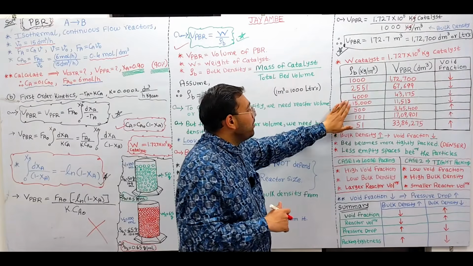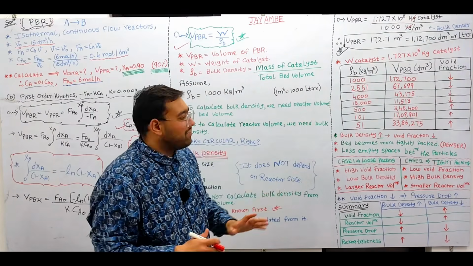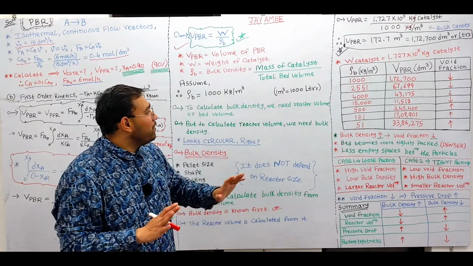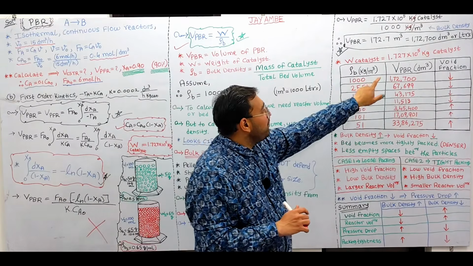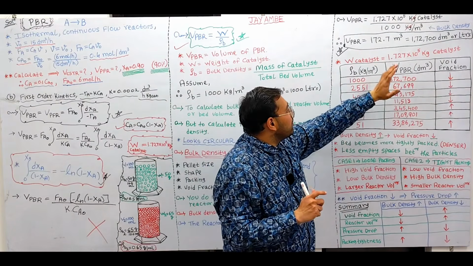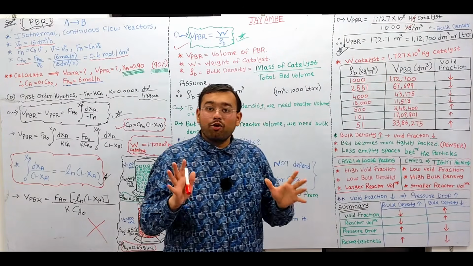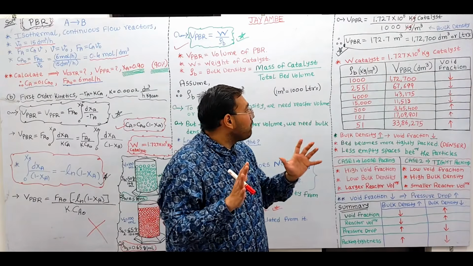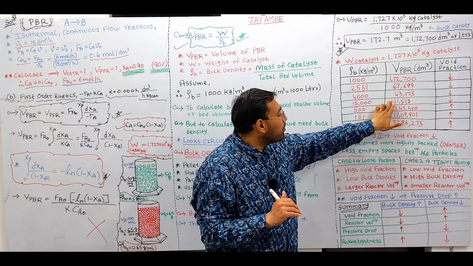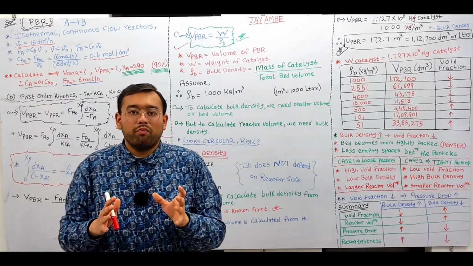I hope up to here you understood, right? This is way beyond expectation, because a bulk density of 15,000 is too much. For this huge weight of catalyst, 1.727 into 10 raised to 5 kg, we are filling that huge amount of catalyst into a very small volume, 11,513 cubic decimeter, of the packed bed reactor.